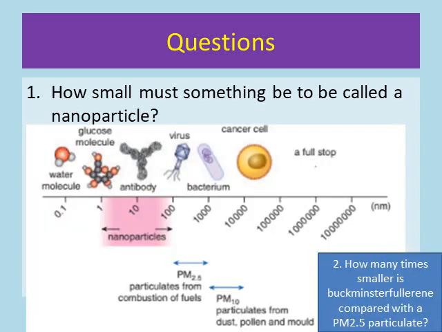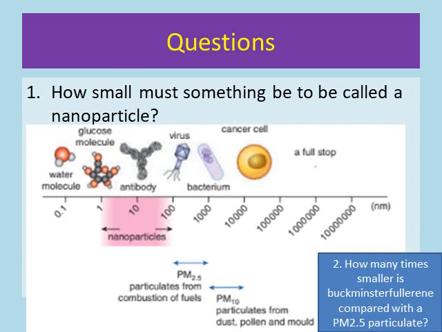I've put question 2 in a condensed form in that box as well. So question 2, how many times smaller is Buckminster fullerene, which remember that's a nanoparticle, so that's in this pinkish section here. How much smaller is that compared with one of these PM 2.5 particulates, which is from combustion of fuels? Pause the video here and then you can unpause it and I'll tell you the answers.